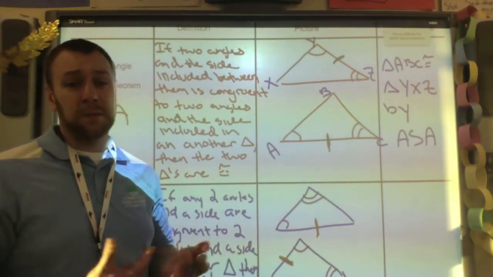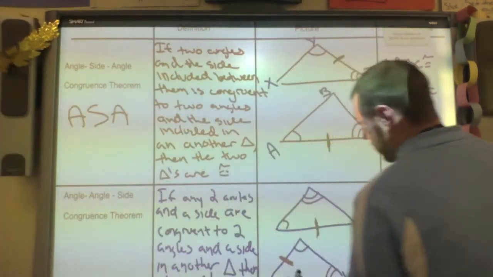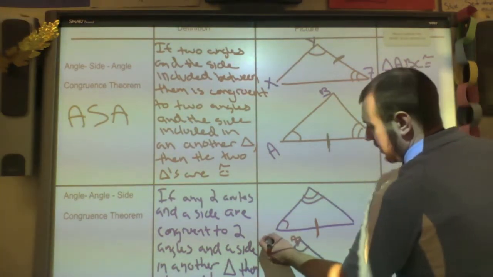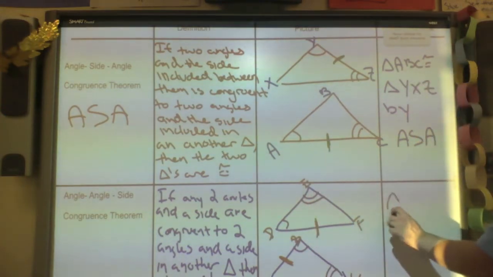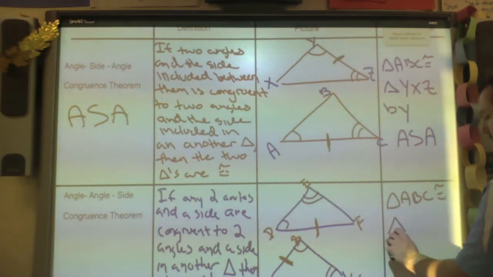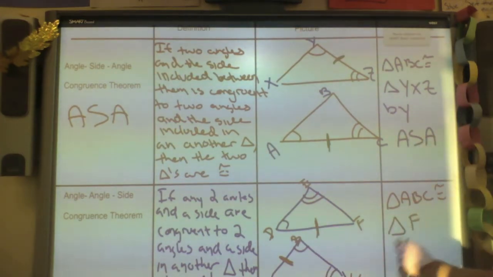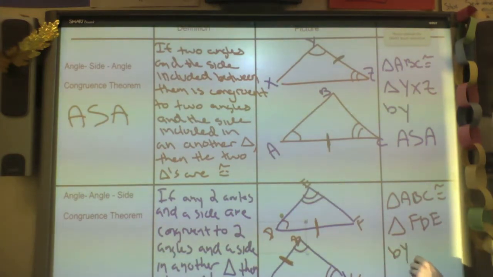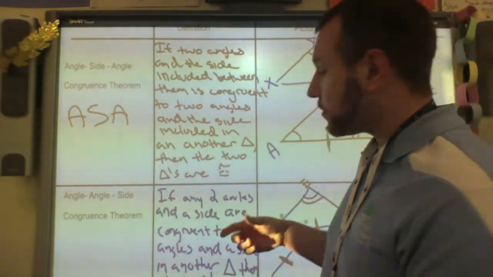They do have to match up. To solve this, again, I just use the letters A, B, C, D, E, F, and I would say triangle ABC is congruent to triangle... ooh, A doesn't have a mark, so I'm going to start with F, D, E, by angle, angle, side, because they match up with each other.